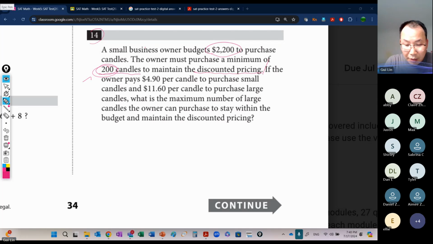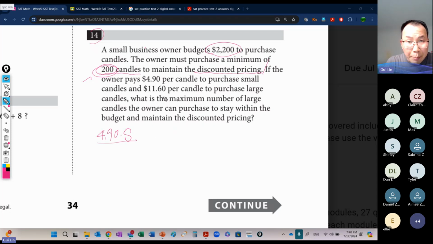If the owner pays $4.90 per candle to purchase small candles, we don't know how many, so suppose it's S. 4.90 S is the total spend here.